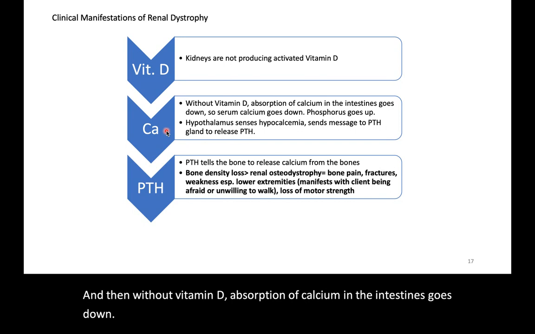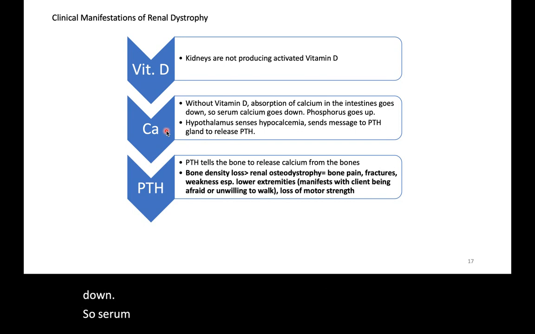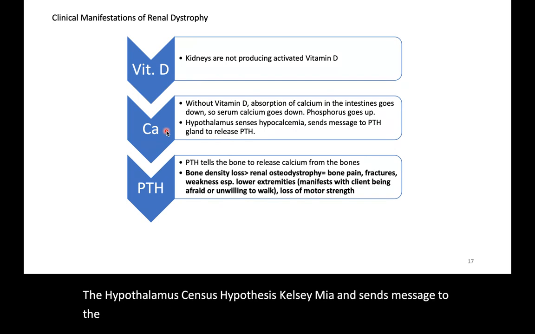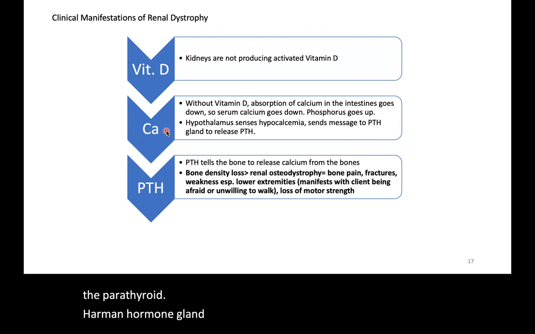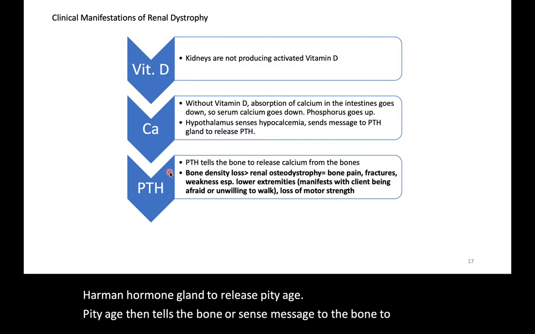So serum calcium goes down. Phosphorus then goes up. The hypothalamus senses hypocalcemia and sends a message to the parathyroid hormone gland to release PTH. PTH then sends a message to the bone to release calcium from the bones.